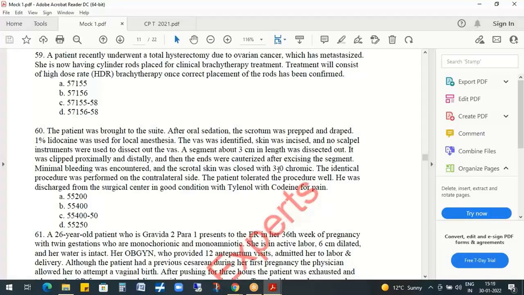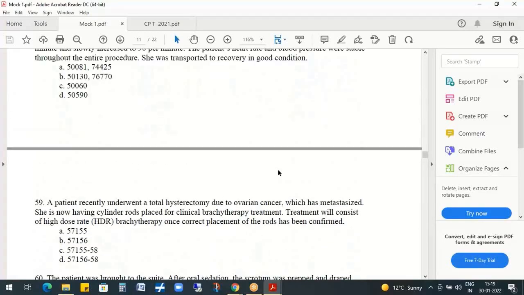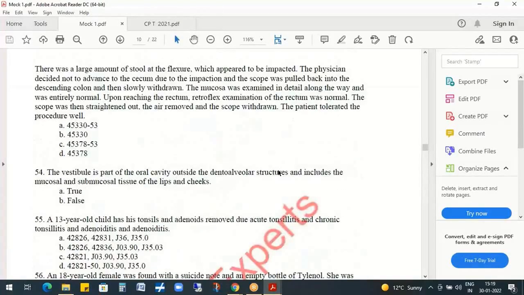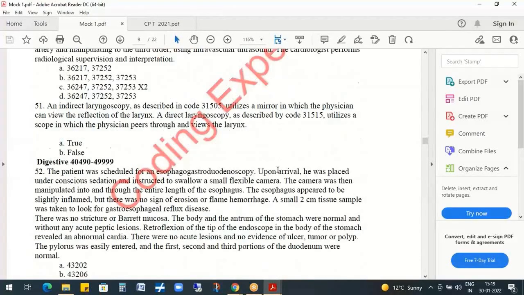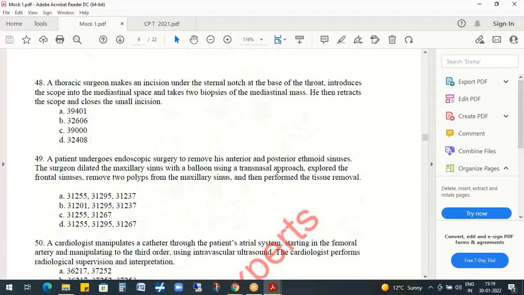48. A or B option is given in answers. Which one? 48. A, B, D is given in the options. Sir, the thoracic surgeon makes an incision under the sternal arch at the base of the throat, introduces the scope into the medial sternal space, and takes 2 biopsies of the medial.